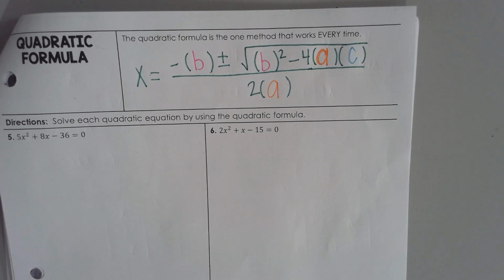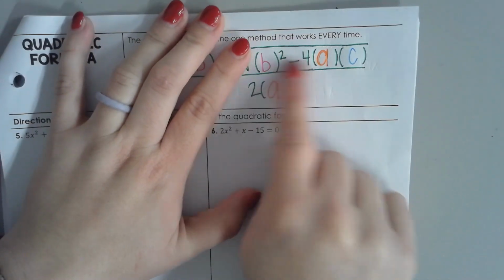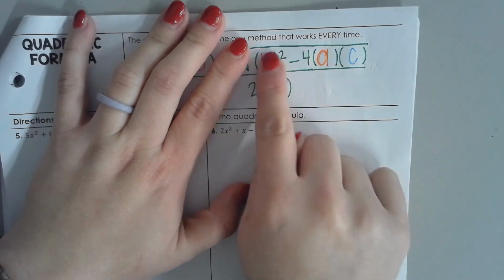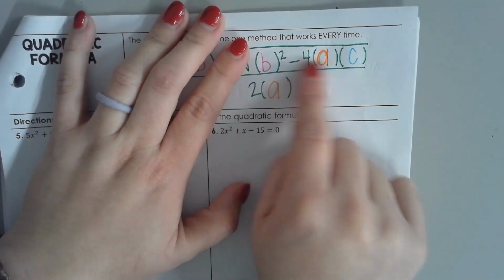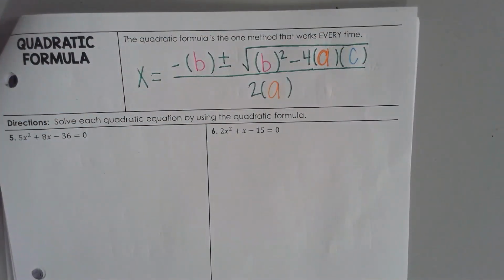So, I told you, it's a little more complicated. It looks a little harder, but it does always work, and sometimes you have to use it. So, we did the discriminant right here. If this number is a perfect square and you take the square root, it comes out as a whole number, which is why you'll end up with 2 rational solutions.